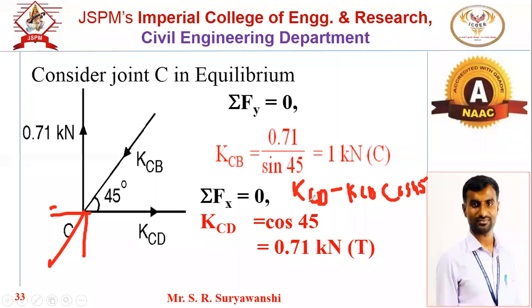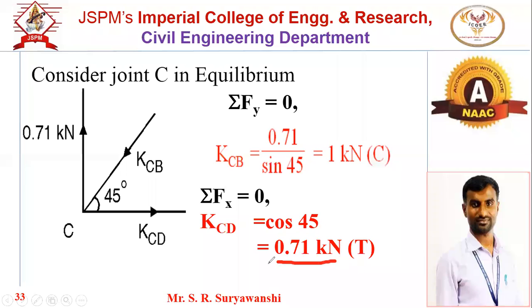So KCD is equal to 0, or KCD is equal to KCB cos of 45, but KCB is what? 1. So 1 into cos of 45 is the value of KCD, and cos 45 is 0.71 kilonewton. Again, the answer is positive for KCD, so our assumed direction is correct.